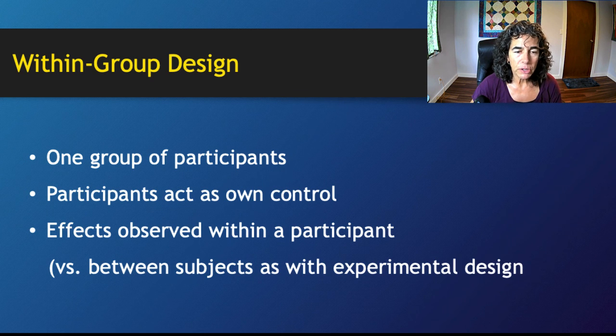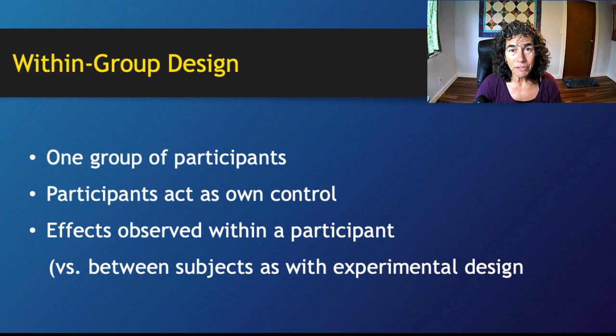Treatment effects are associated with the differences observed within a subject across treatment conditions rather than between subjects across randomized groups. So sometimes it's easier or more feasible to actually have one group of participants and we try different stuff with them, right?